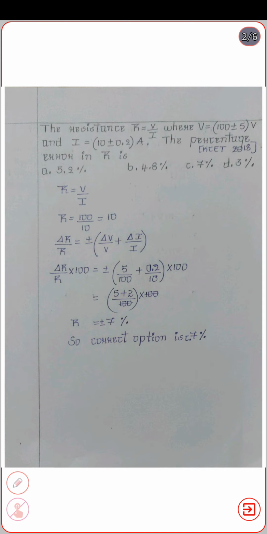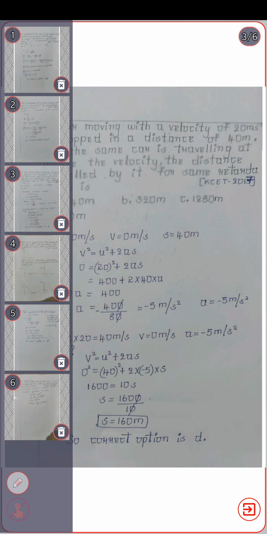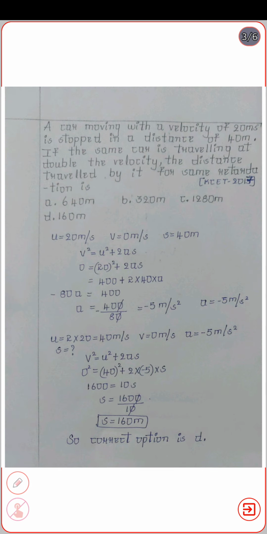It's very easy. The third question we are considering is from equations of motion. This question is from the KCET 2017 question paper. A car is moving with a velocity of 20 meter per second.